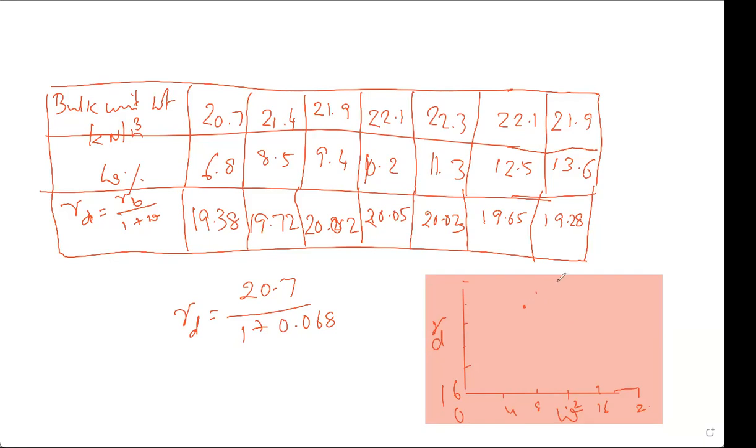If you mark all these points and join them, the curve you get is nothing but the compaction curve. Have you done that? Mark the points and get the compaction curve.